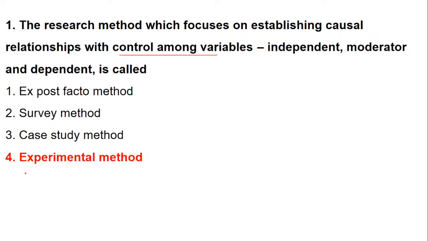If you remember, in experimental research, the relationship of the variables is the one which establishes the causal relationship. So it can be either with the help of independent variable, moderator or a dependent variable, and all this we can see in experimental research. It is experimental research.